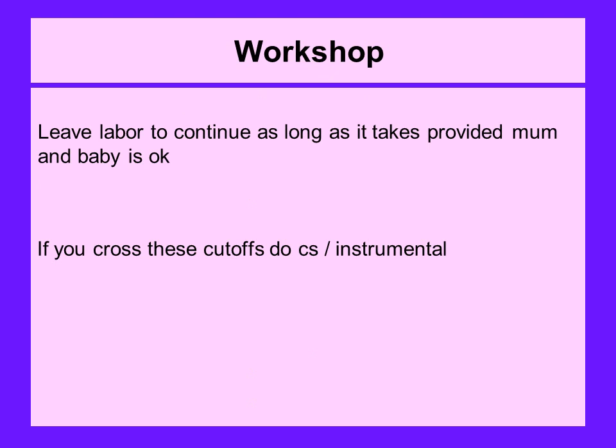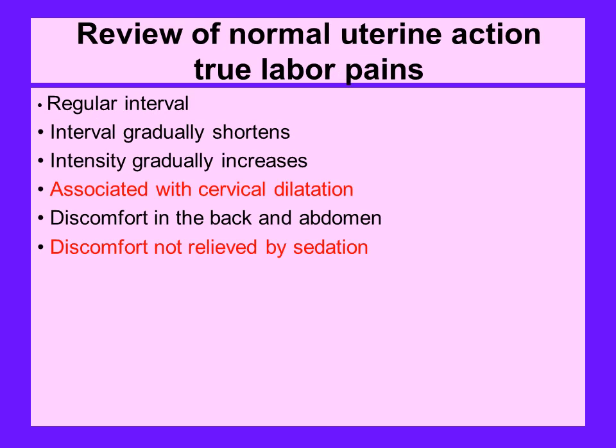So basically what the American College of Obstetrics and Gynecology workshop is recommending is to let labor continue as long as the mother's and baby's condition is satisfactory. And if you cross the adjusted cutoff timelines they set, then intervention in terms of cesarean section or instrumental delivery would be necessary.